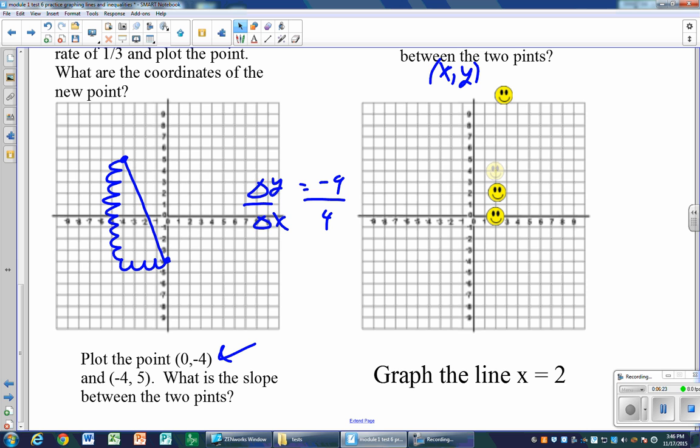This is the point x is 2, y is 4. This is the point x is 2, y is 6. This is the point x is 2, y is 8, and so on. So what I'm doing right now is I am actually graphing the line x equals 2. It's a vertical line, x equals 2.